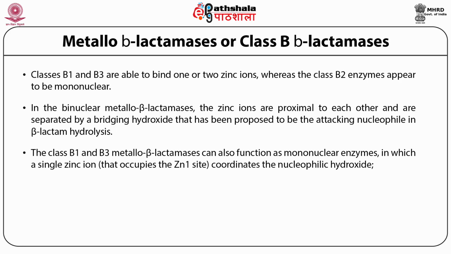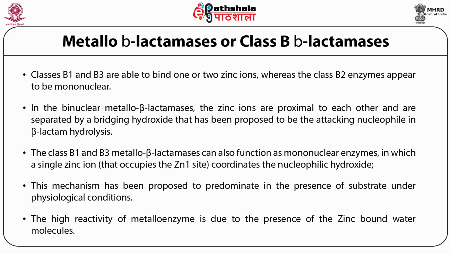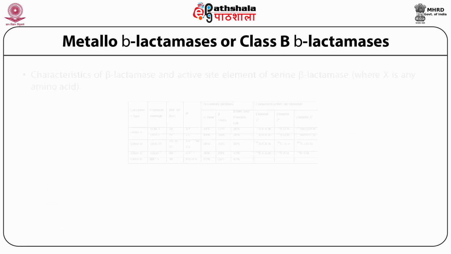The class B1 and B3 metallo-beta-lactamases can also function as mononuclear enzymes in which a single zinc ion that occupies the Z1 site coordinates the nucleophilic hydroxide. This mechanism has been proposed to predominate in the presence of substrate under physiological conditions. The high reactivity of the metalloenzyme is due to the presence of zinc-bound water molecules.